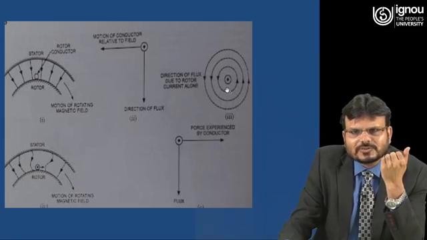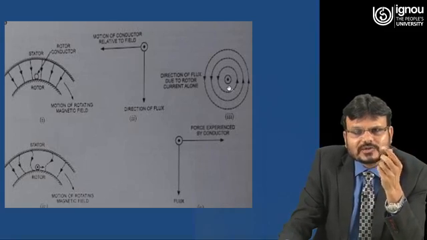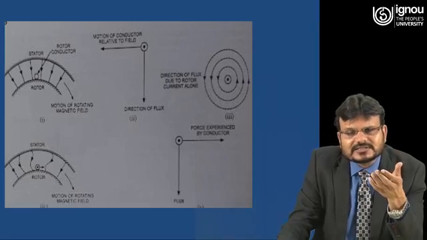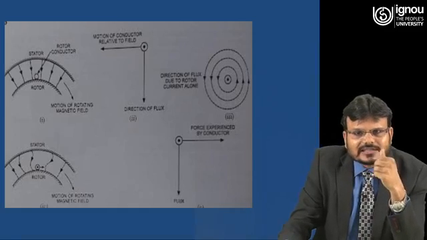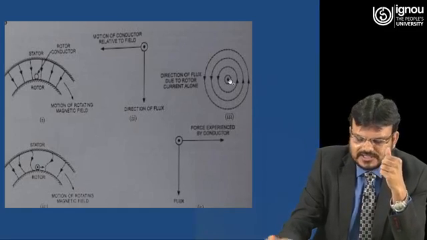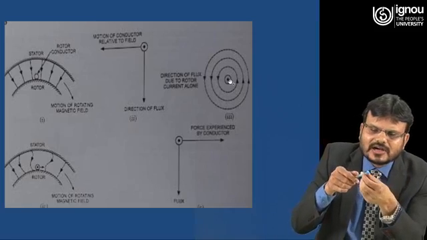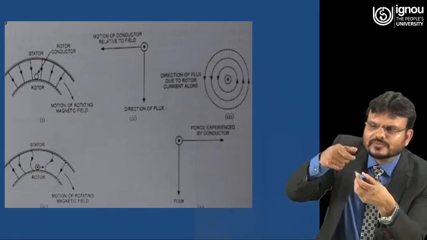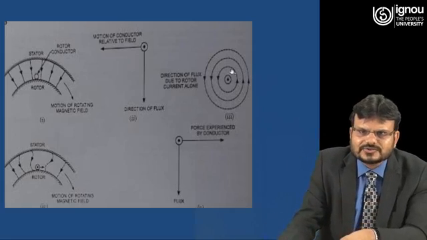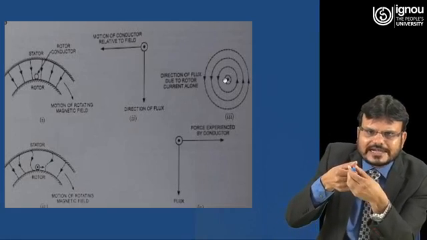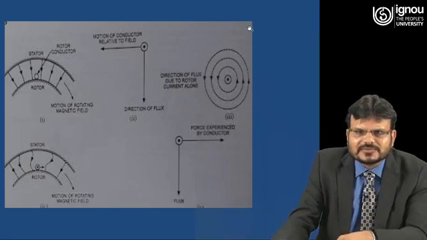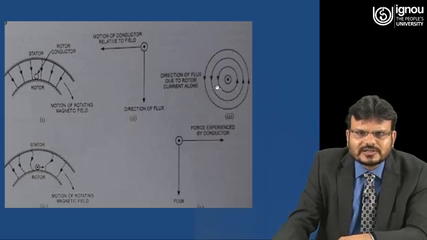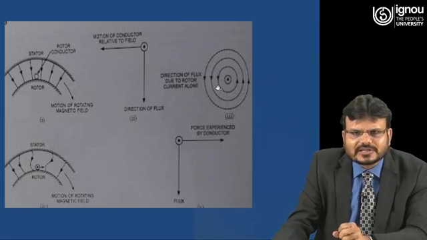Now you have to find the direction of the flux due to the current in the rotor. Just apply the screw rule: this current is outward, so you move the screw in the anti-clockwise direction, and that shows the direction of the flux due to the rotor current.